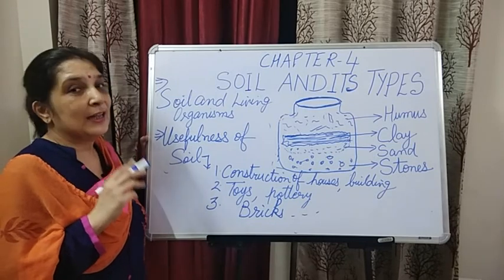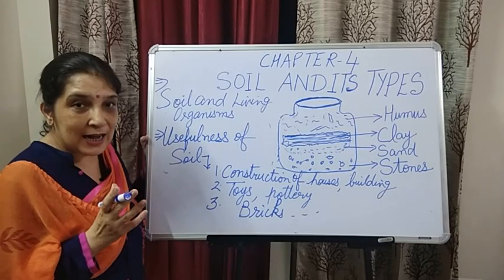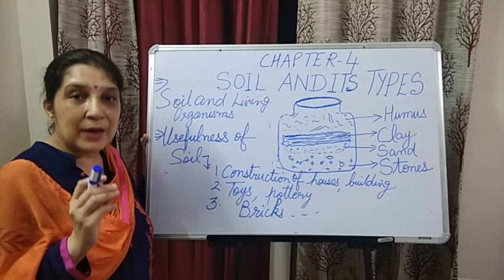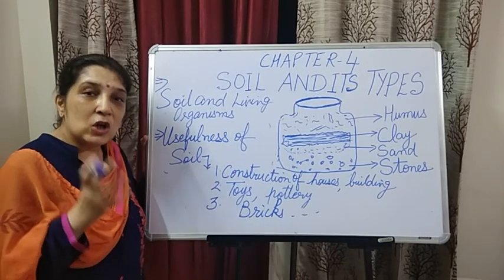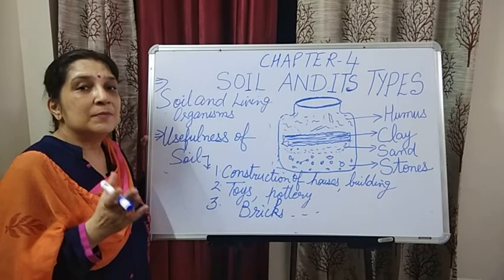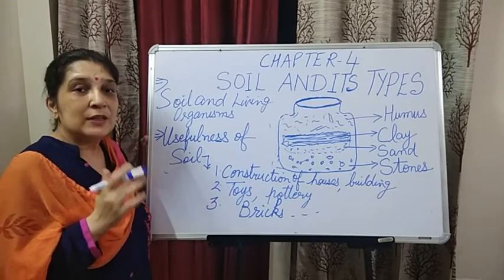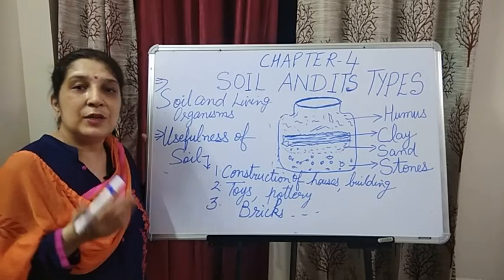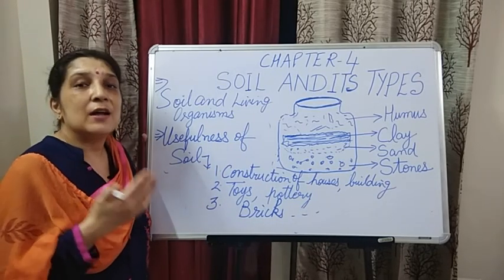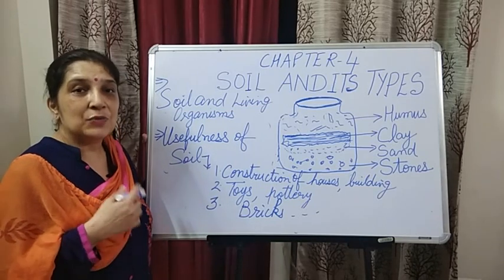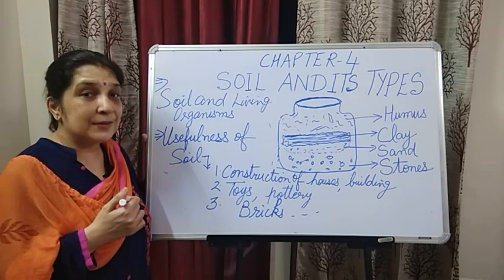Sandy soil, the soil which has a lot of sand, is called sandy soil. The particles of this sand are big, so it contains a lot of air, but when you pour water, it leaks from that. This is sandy soil, which you find on the beaches, and you had played in it in kindergarten, right?